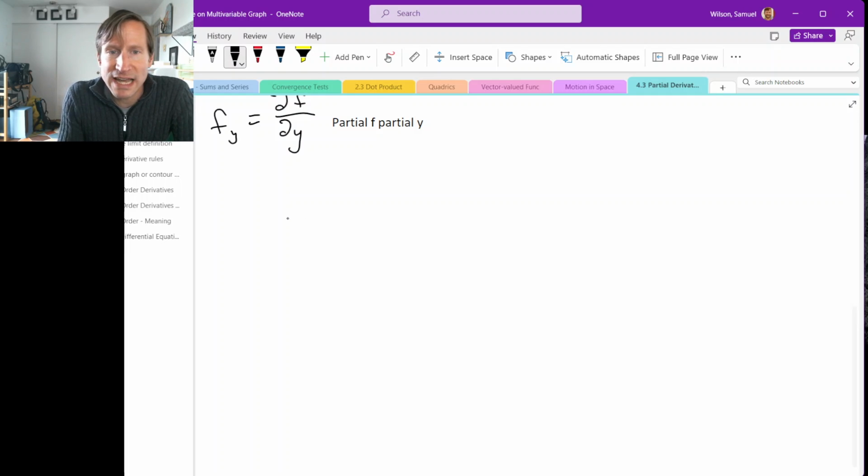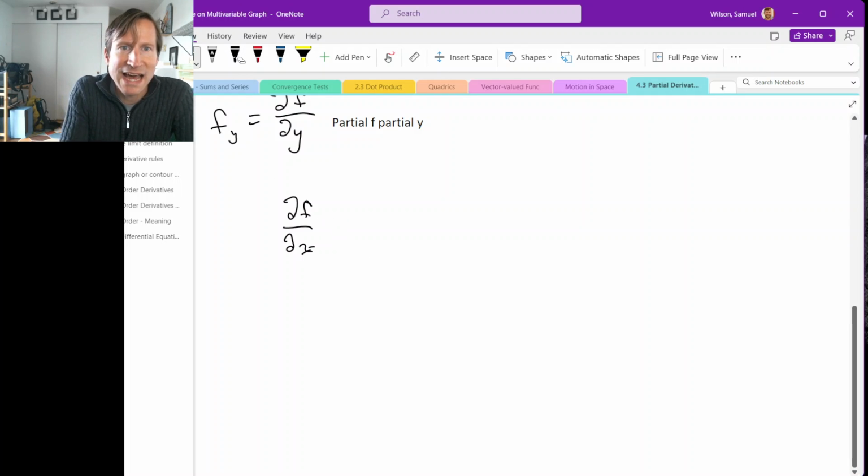Okay, so let's look at the partial derivative of a function with respect to x. Sorry, I need to be more specific.